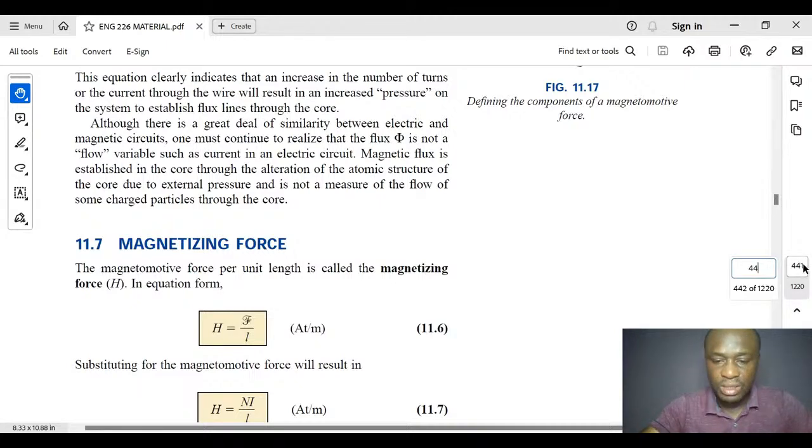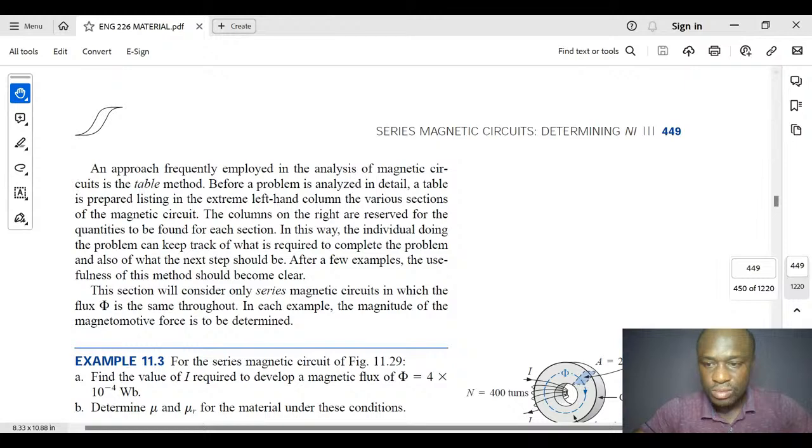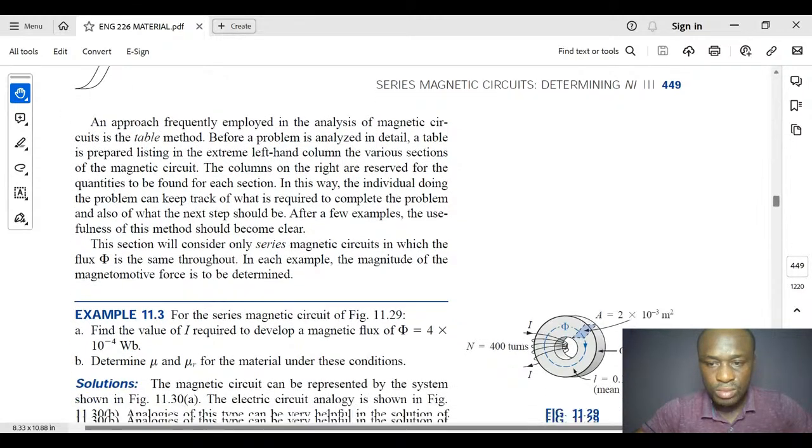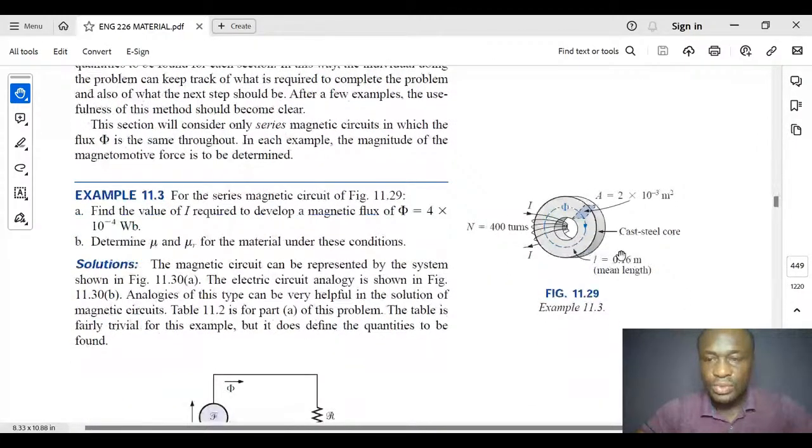So let's go back. So we have our length to be 0.16 meter and number of turns to be 400 turns.